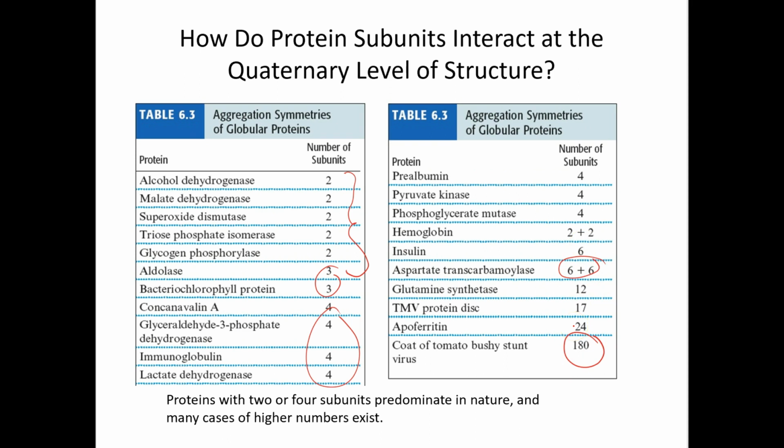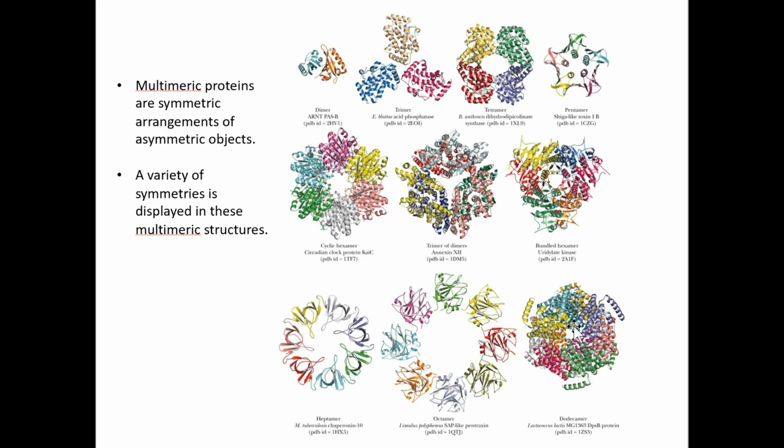There's an enormous amount of variety in quaternary structures, and to point to that, all these are multimeric proteins with complex but symmetric quaternary structures, and I think this is just something that people can appreciate, how complex and structurally beautiful these actually are.